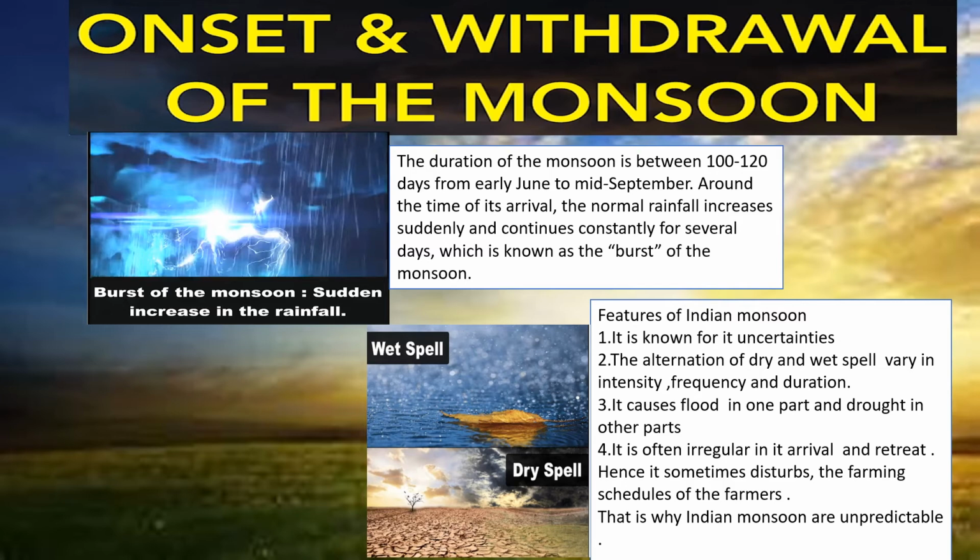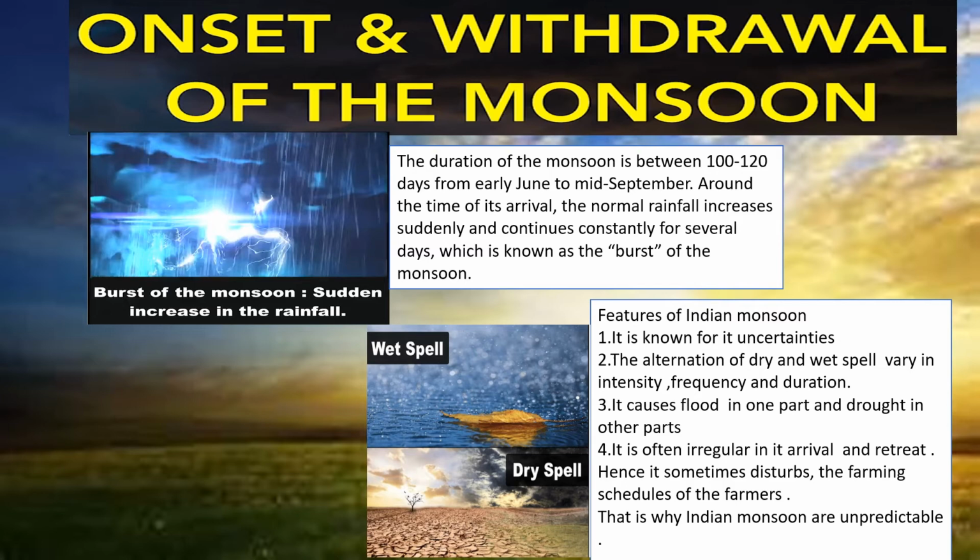The third reason is because it causes flood in one area and drought in the other area. The last reason, because of its uncertainty in its arrival and departure, it sometimes disturbs the farming schedule of the farmer. Because of all these reasons, the Indian monsoons are said to be very unpredictable.